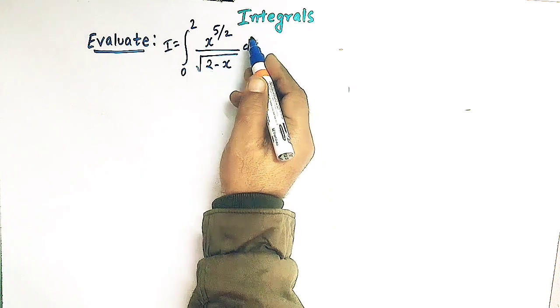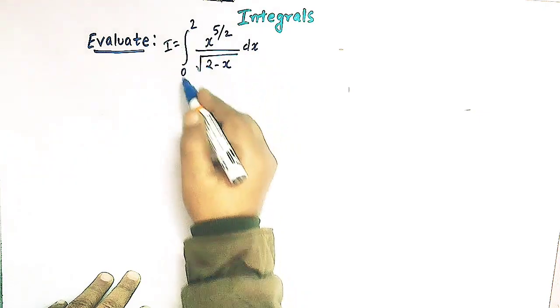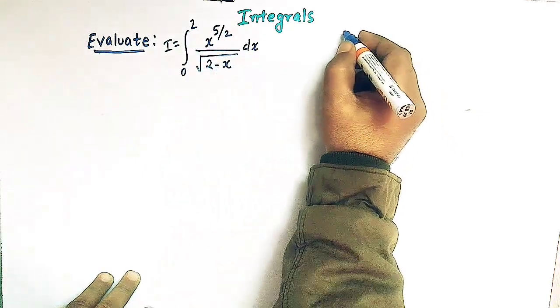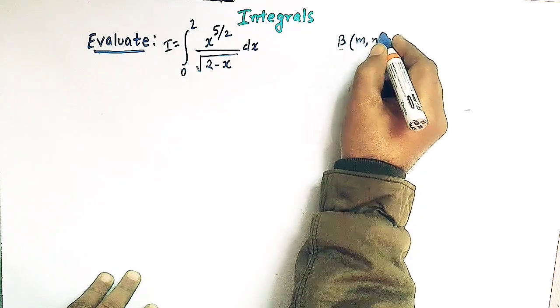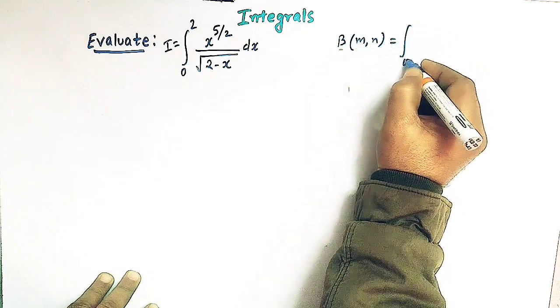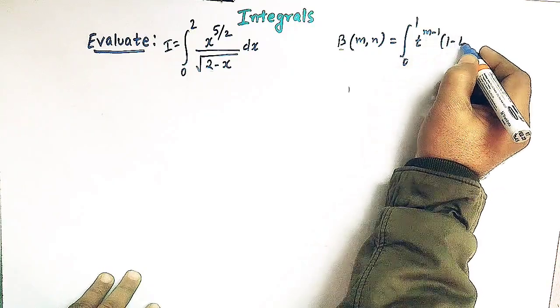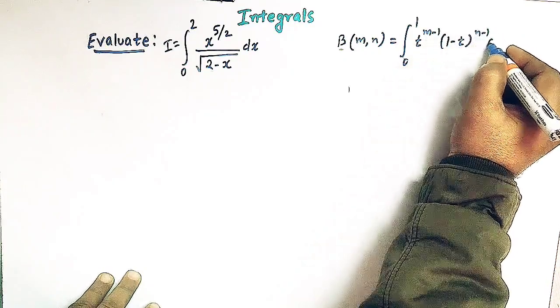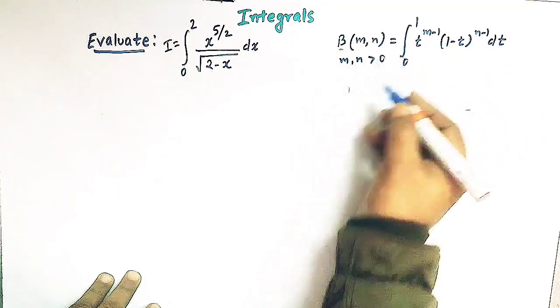Now here what we will do, we will first make use of the method of substitution, right? And by using the method of substitution, we'll convert this integral into this form, that is the beta function, that is beta m comma n is given by the integral 0 to 1 of t raised to m minus 1 and 1 minus t raised to n minus 1 dt, where m and n are greater than 0.